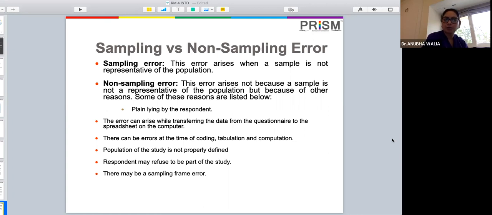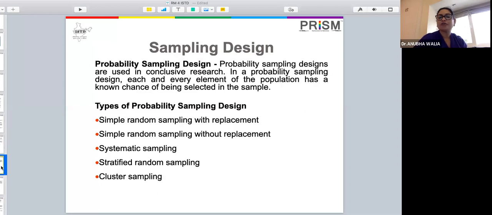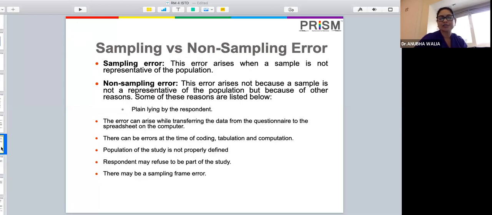Now in this, what usually happens is, with the sampling error and sampling frame, we really have to take care and understand how much error is allowed. So in the last class, I did talk about the definition that 5% error is allowed, or 1% error is allowed.